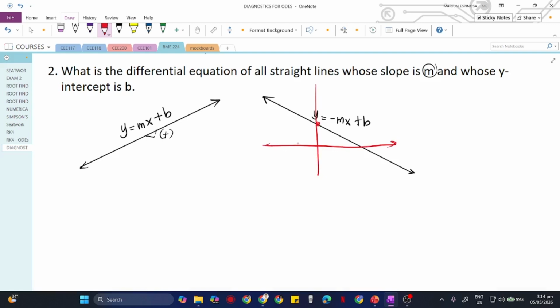For example, meron tayong x and y-intercept here, no? For example, meron tayong ganyan. Okay. In this case, as you can see, yung y-intercept is nasa itaas na part ng ating y-axis. So that is positive. Let's compare it with this one.